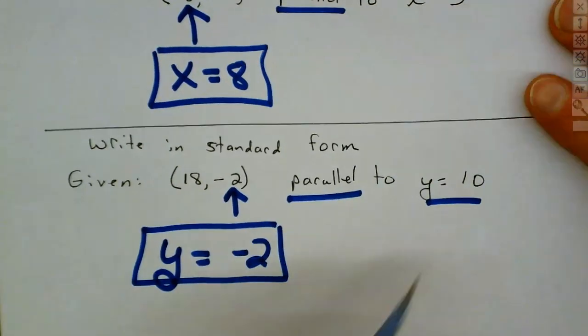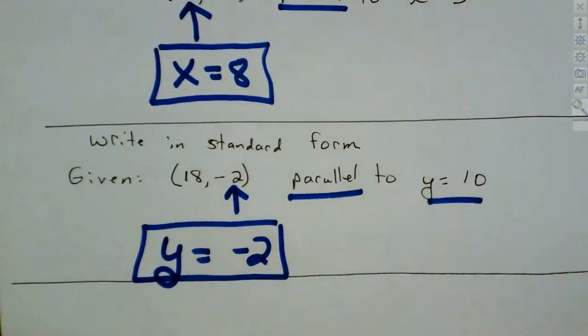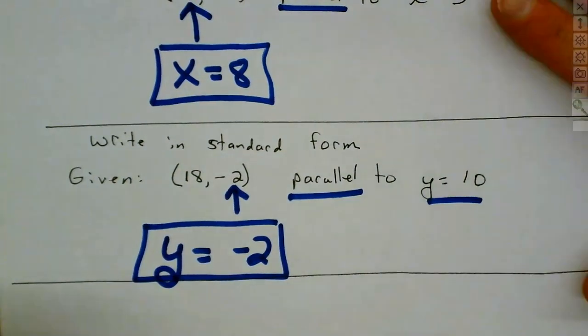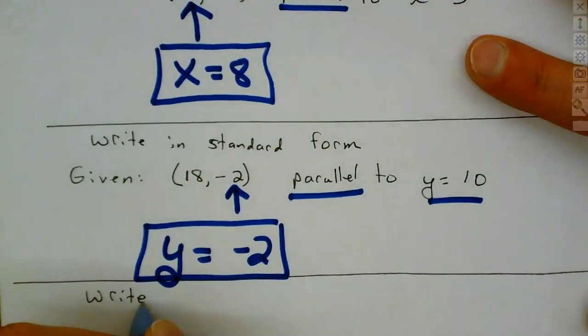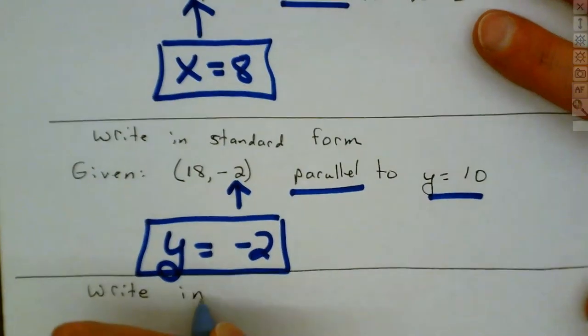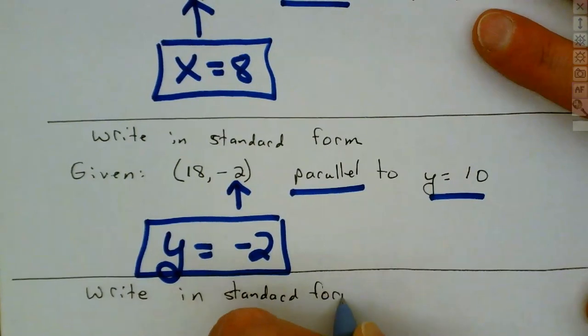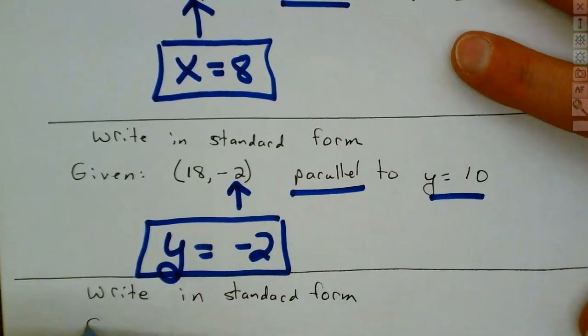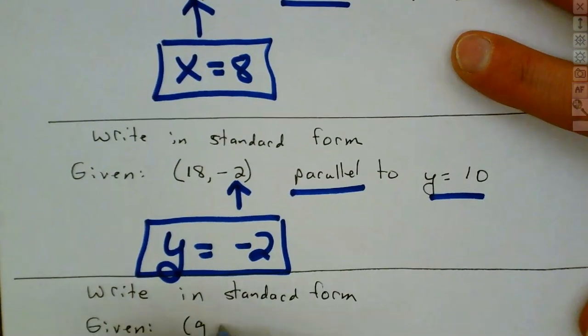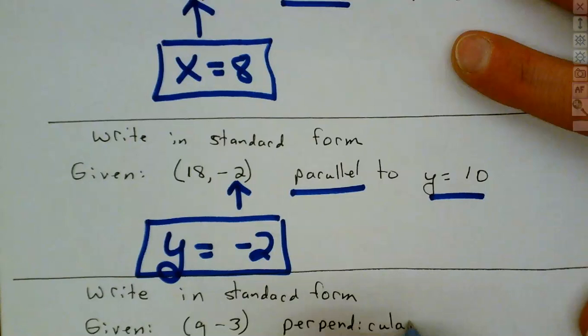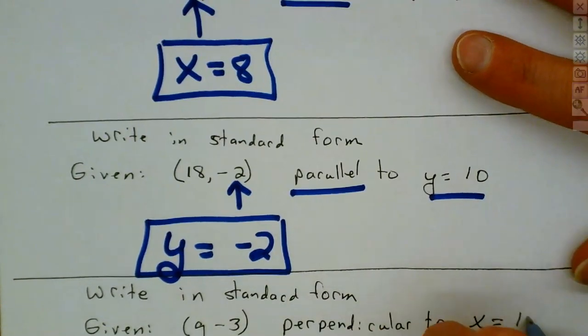One more, just so we know about parallel and perpendicular both, and then we'll talk about our homework. So again, we're going to write this in standard form, and let's say you're given the point 9, negative 3, and we want this to be perpendicular to x equals 10.